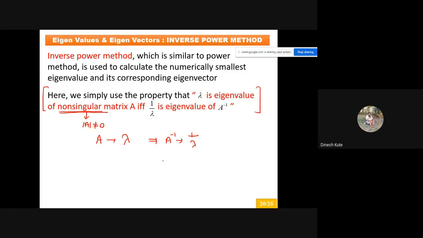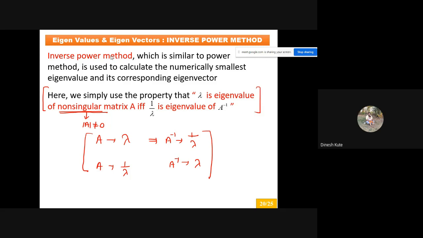So in a similar way, I can write the contrapositive statement also. If A inverse has eigenvalue lambda, then A has eigenvalue 1 by lambda. These two statements are similar. So using this, can anyone tell me the approach for this inverse power method, or to find the smallest eigenvalue of a given matrix?